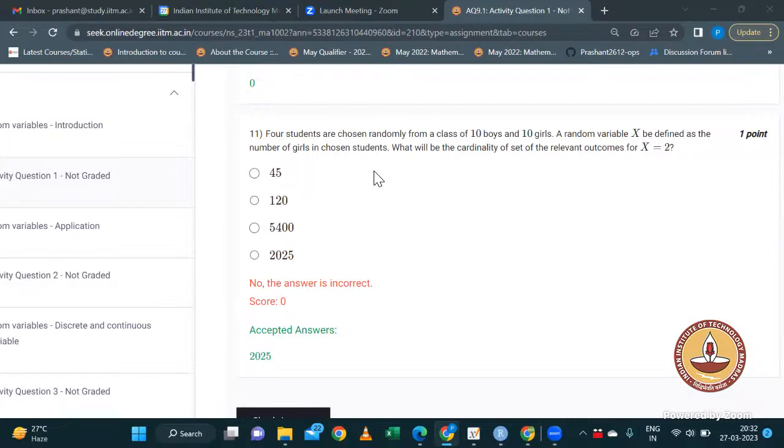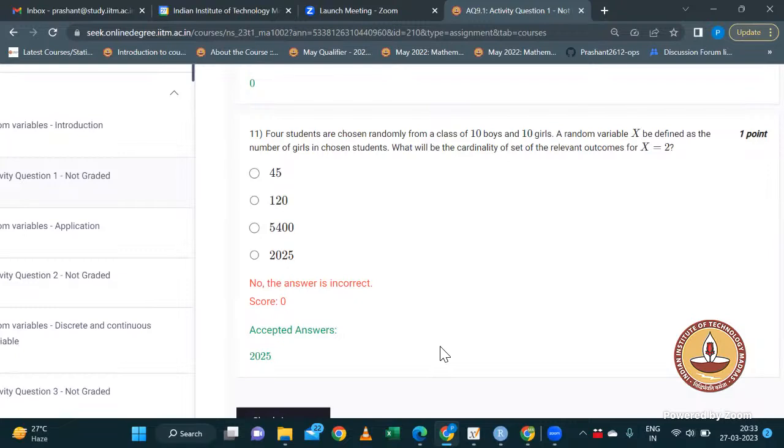Sir, total choose is 20 out of, we are taking 5, cardinality of x equal to 2. The random variable x is defined as the number of girls in the chosen students, and the cardinality is x equal to 2.